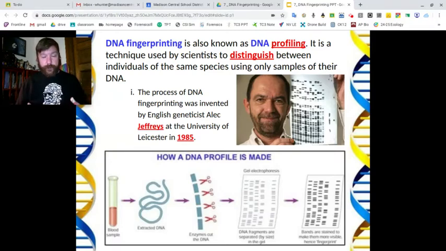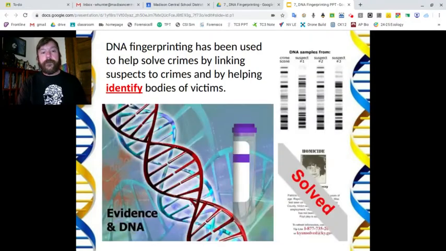Basically, you take samples, you put in restriction enzymes, which are a special enzyme that can cut DNA at specific sites, and you mix them with the samples, and then you run them on what's called an agarose gel. After some period of time, they separate out on the gel according to size, and then you compare them. If you find the same exact DNA at a crime scene as you do in one of your suspects, then you have evidence that that suspect was at the crime scene.